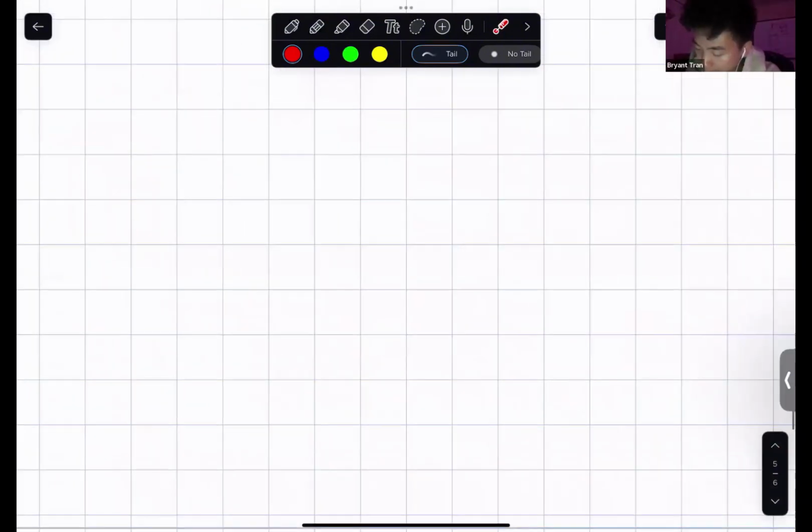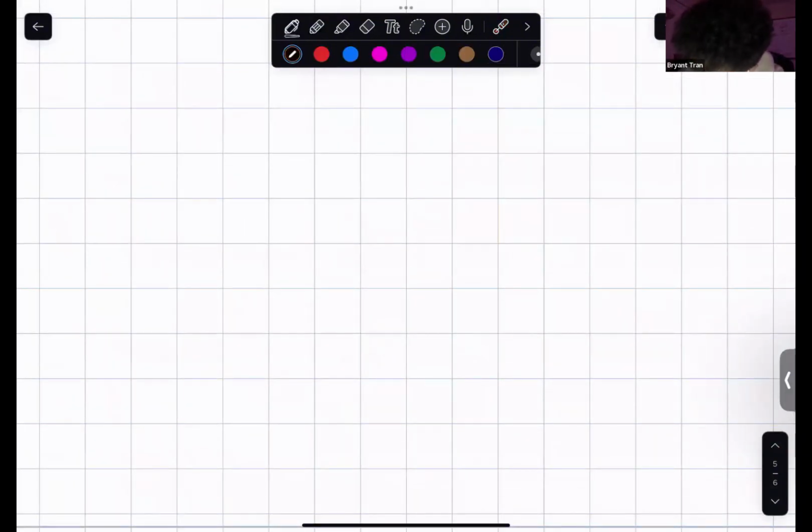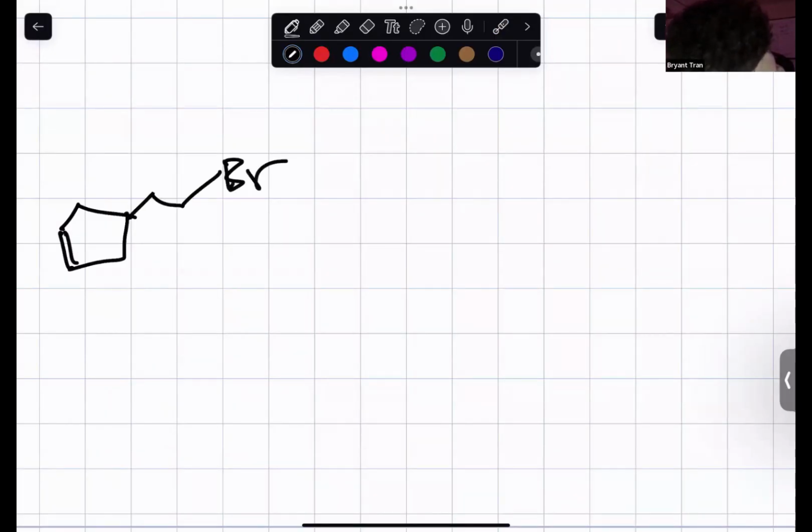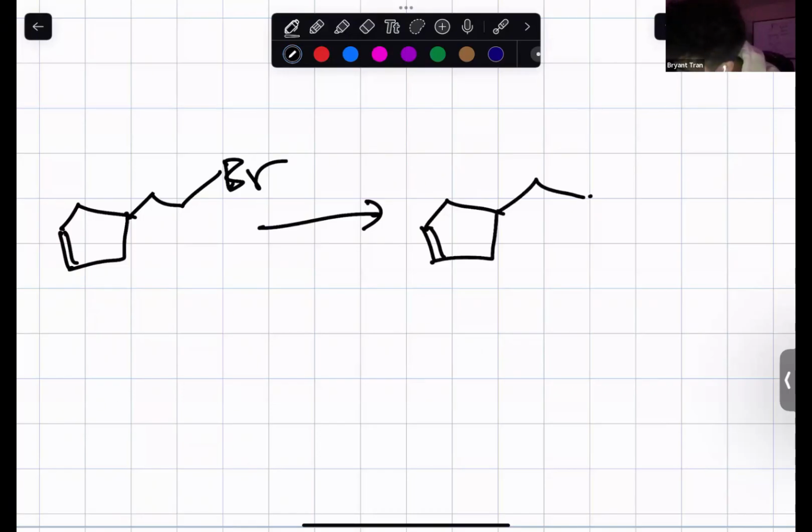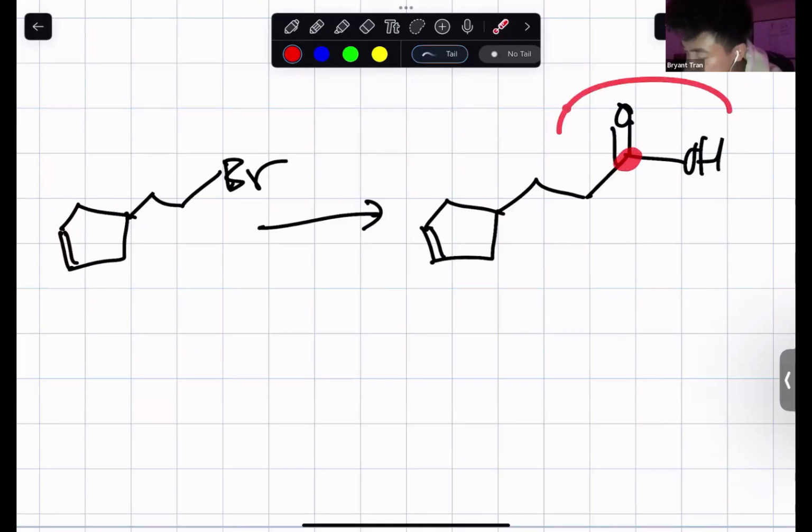But now let's say that we have an alkene present somewhere and we have a primary haloalkane and we want to create a carboxylic acid where we added an extra carbon to the molecule and that extra carbon is the carboxylic acid carbon, right?